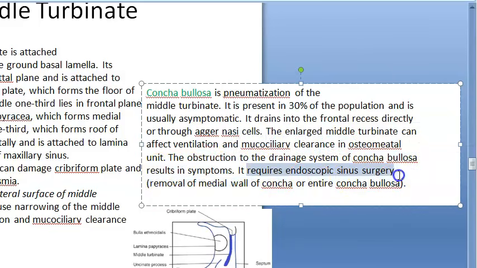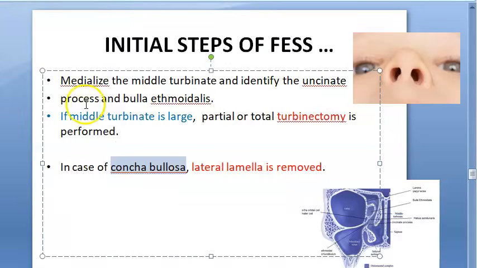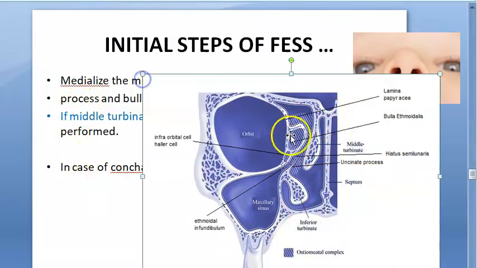It requires endoscopic sinus surgery, removal of the medial wall of concha or the entire concha bullosa. So it is just a pneumatization of the middle turbinate. So if there is a pneumatization here, concha bullosa, then laterally, that lateral lamella they are removing.